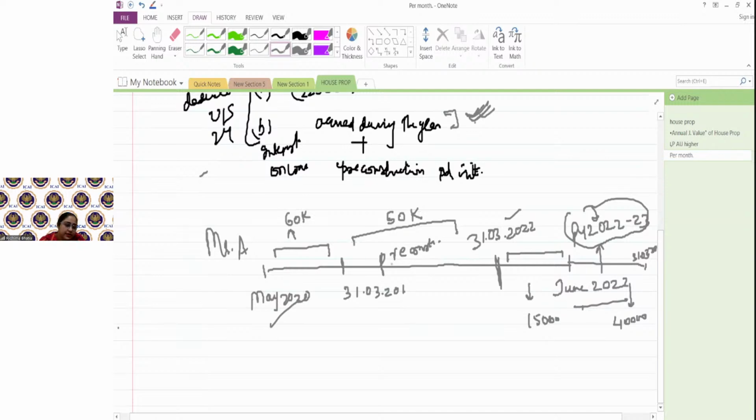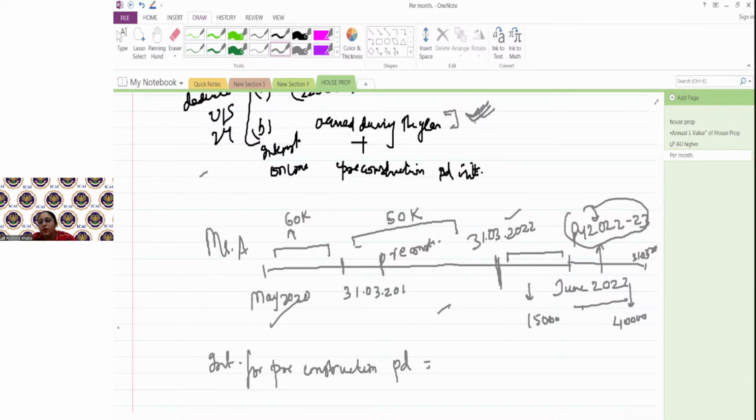What is the interest for pre-construction period? Is it 110? Is it 125? Or is it 60, or is it 50 only?